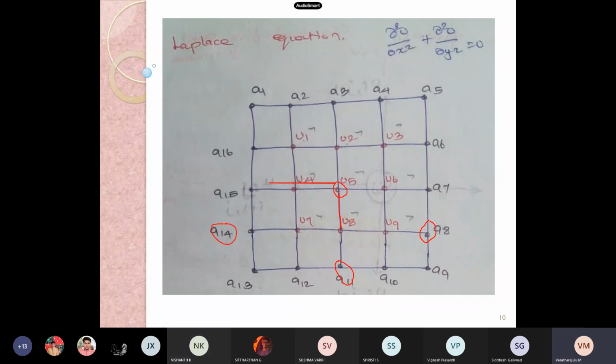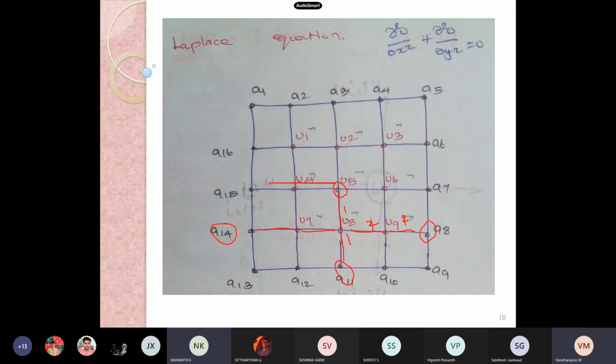You need to take the constant difference. Here the y difference is 1, but concerning the x the difference is 2. Here it is 1 and 1.